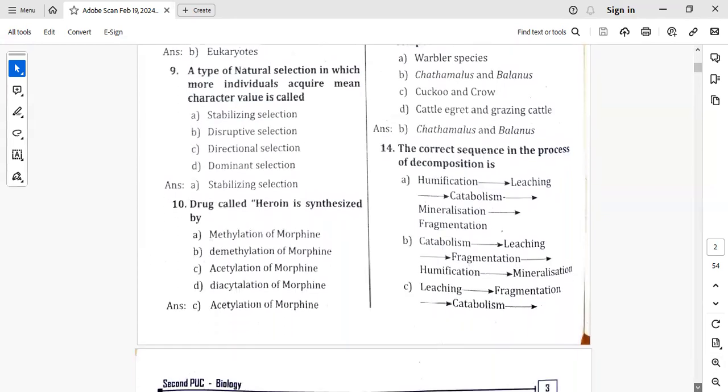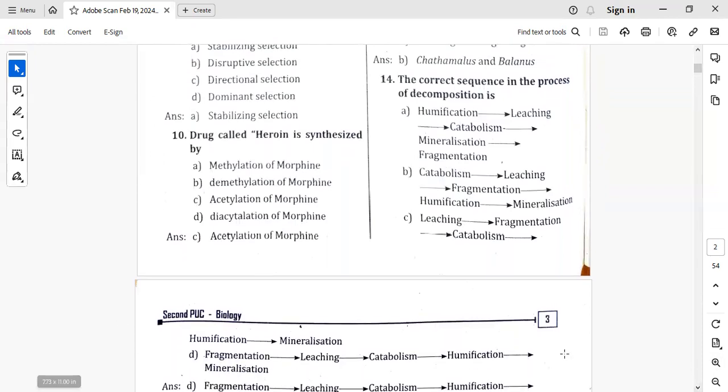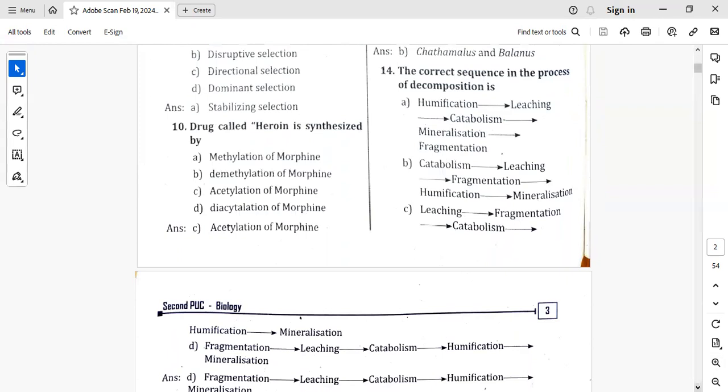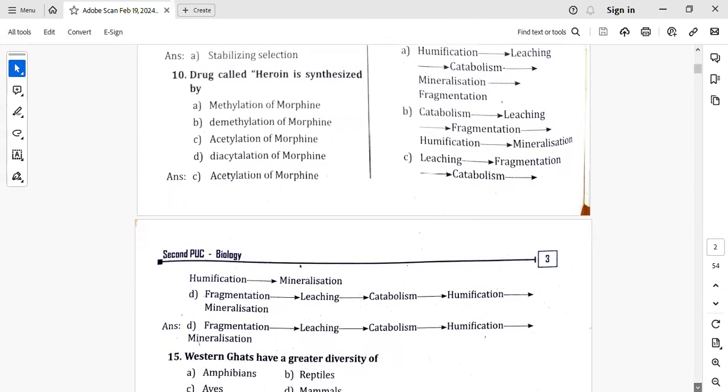No, leaching comes a few steps later. So the next, fragmentation, yes. For example, if you throw any vegetable onto soil for decomposition, first it has to fragment, break into a few pieces. Later it is followed by leaching, catabolism, humification, and mineralization. Again, this is straight from the NCERT textbook, where you have to remember the steps.